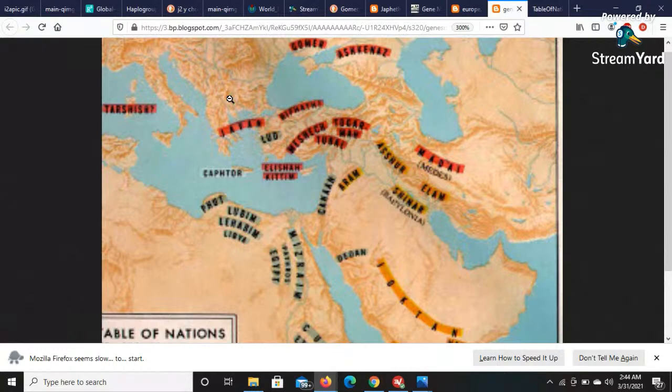I mean, because the invaders seem to be R. Maybe it was Gomer. Maybe it was Javan. It's hard to say. Meshach, Gog, Magog.